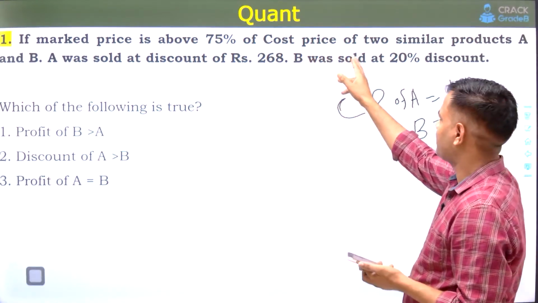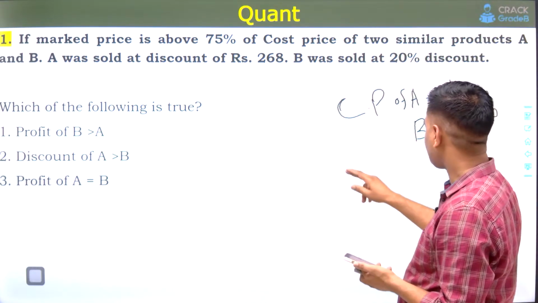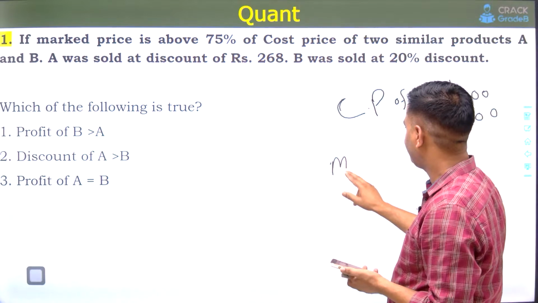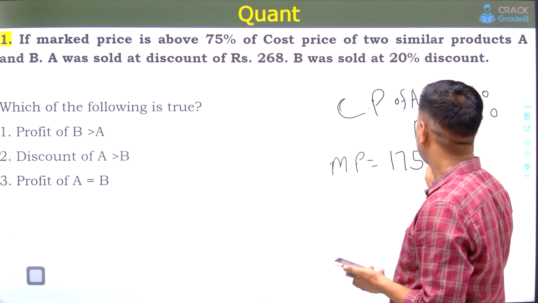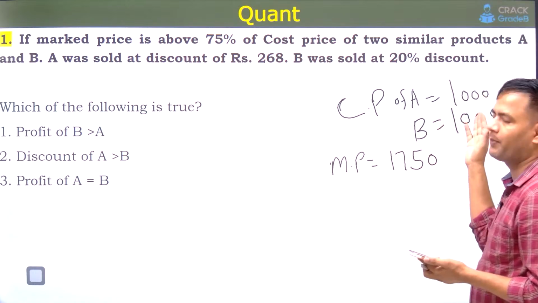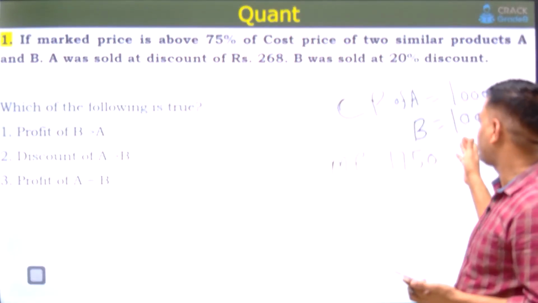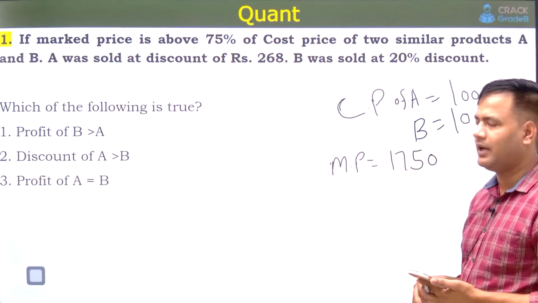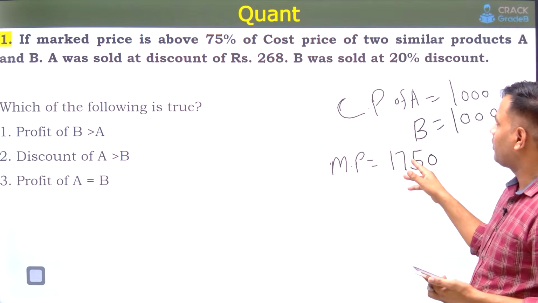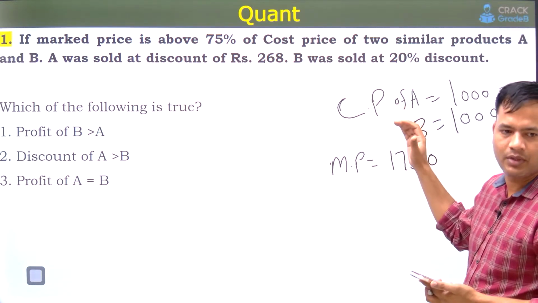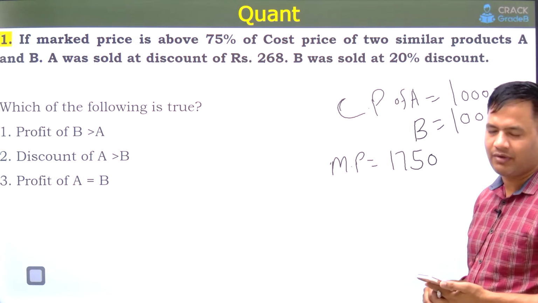Then the mark price of both A and B will be 1750, because these are two identical products and the mark price was 75% above the cost price. So the mark price is 1750.